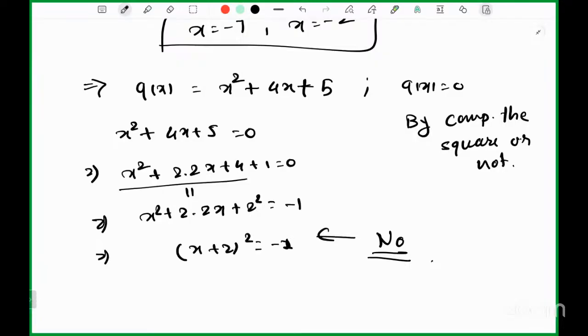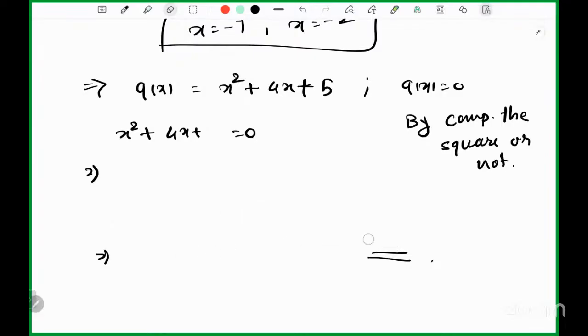So that means this completing the square method is applicable over a very limited number of quadratic equations. Here also we can do a little modification. Suppose in place of 5, if I have taken 3, then I think it can be solved by the completing the square method.